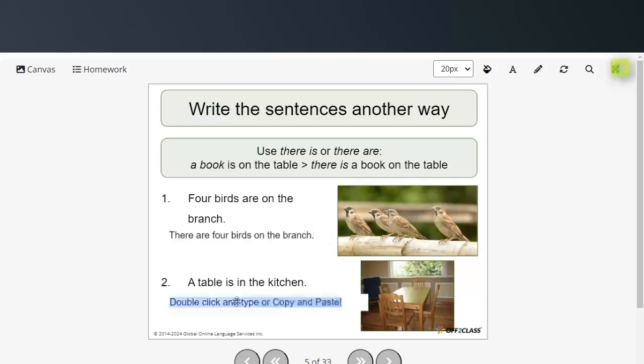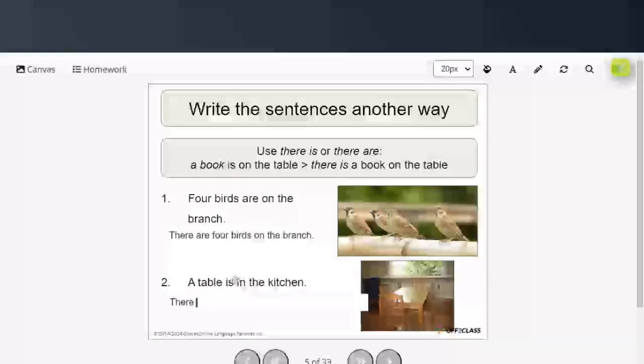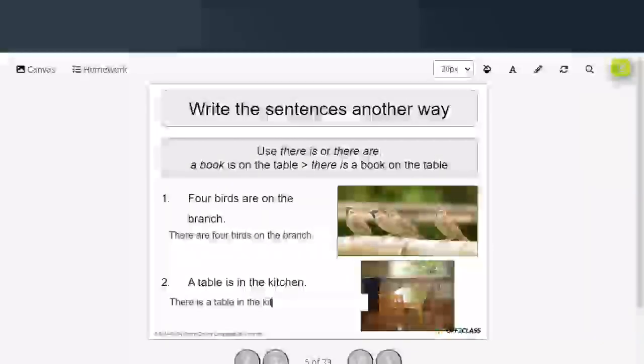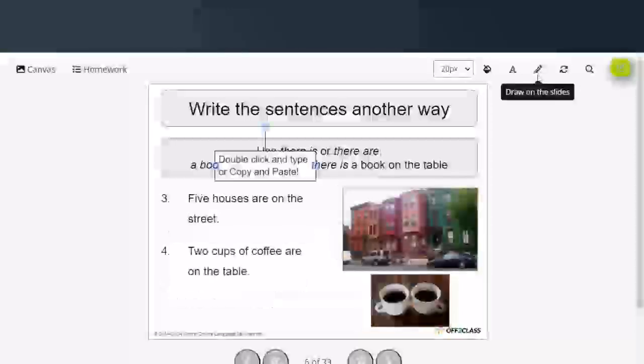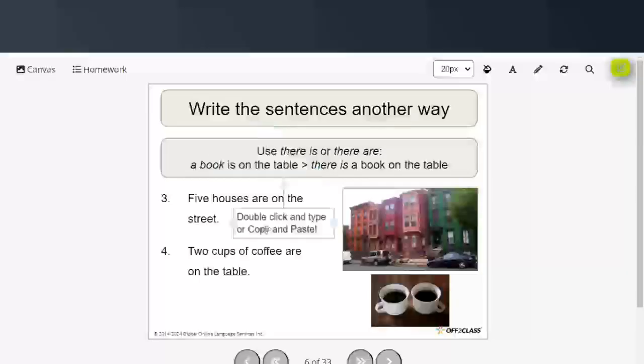There is a table in the kitchen. Five houses are on the street. There are 5 houses on the street.